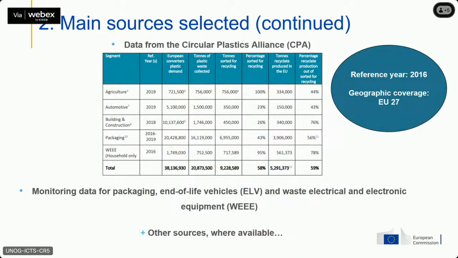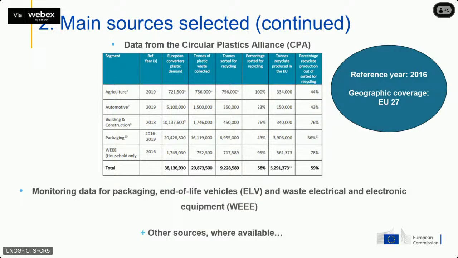We also used some data from something called the Circular Plastics Alliance. It was an initiative of the European Commission, part of the EU Strategy for Plastics in 2018. So the European Commission created a policy initiative about plastics and engaged in a cooperation with the manufacturers of plastics and created a big database altogether.